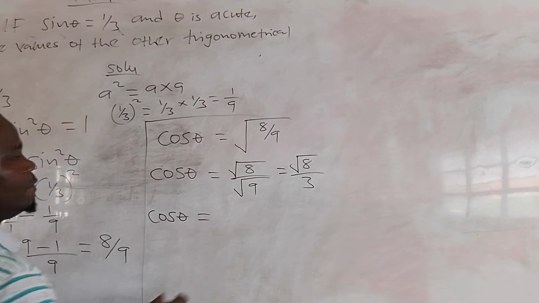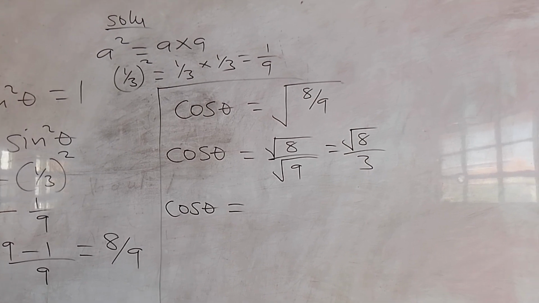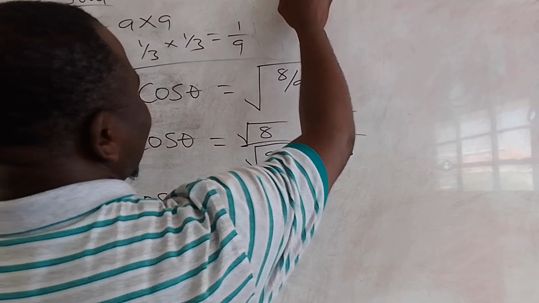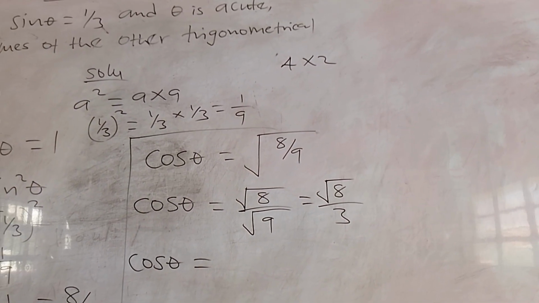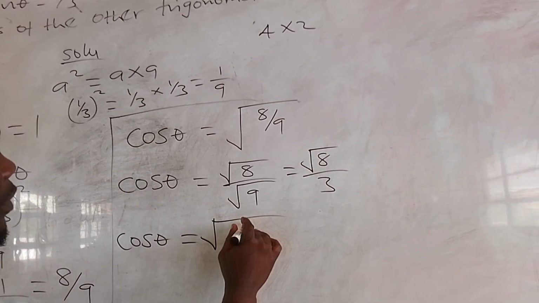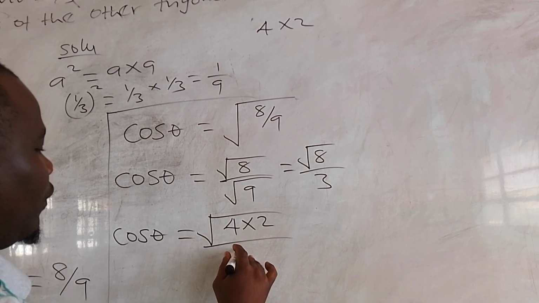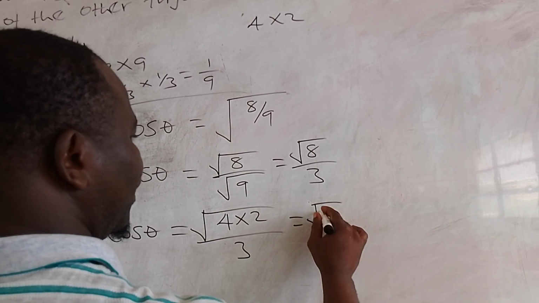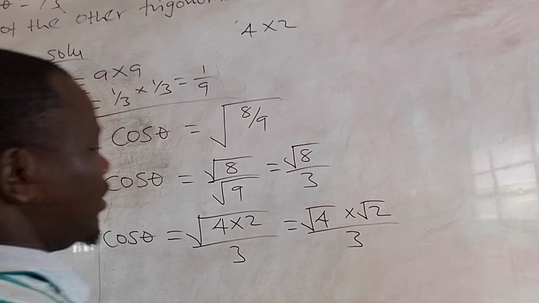Since we have the square root of 8, let us look for a rational and an irrational factor. We know that 4 times 2, where 4 is a perfect square. So our square root of 8 is the same as the square root of 4 times 2, all over 3. Then, using the root of a product, this is the same as the square root of 4 times the square root of 2, all over 3.